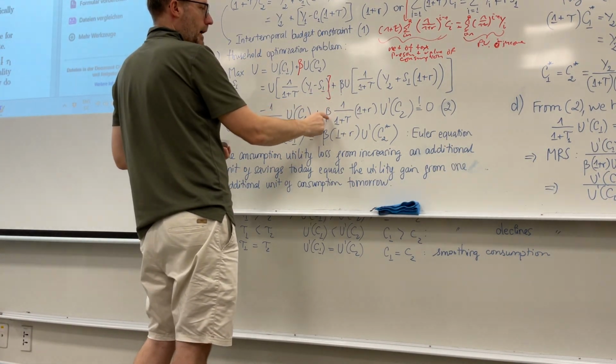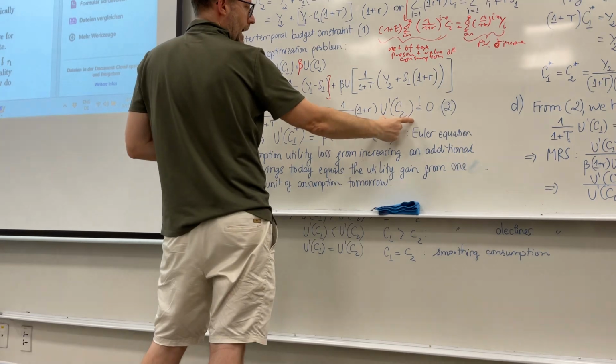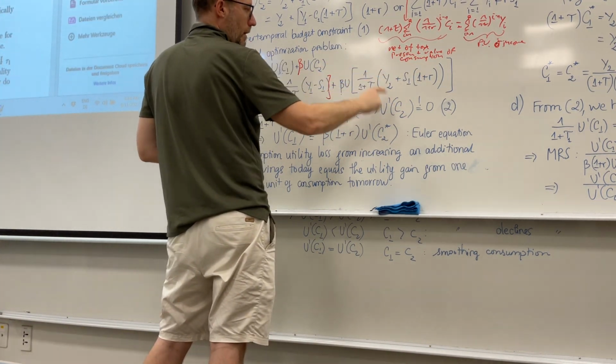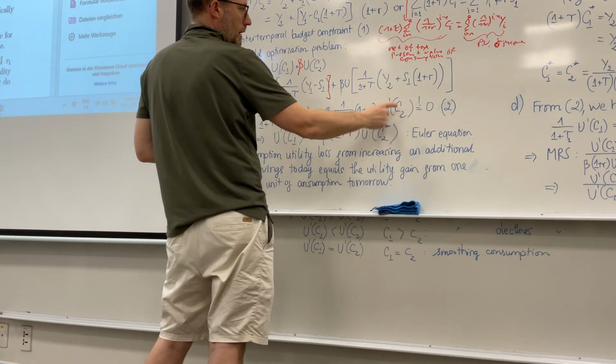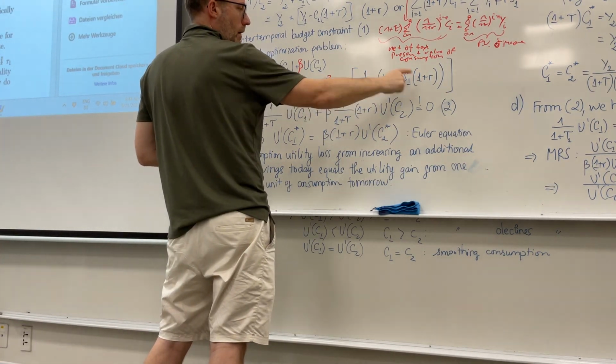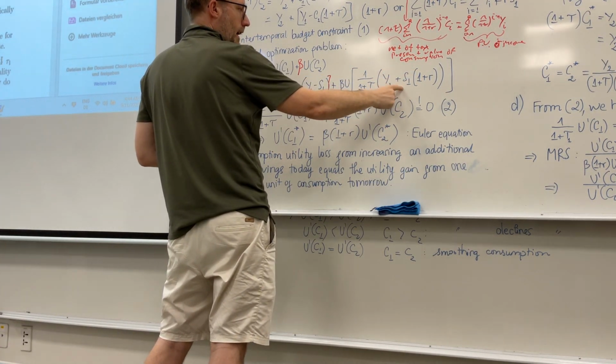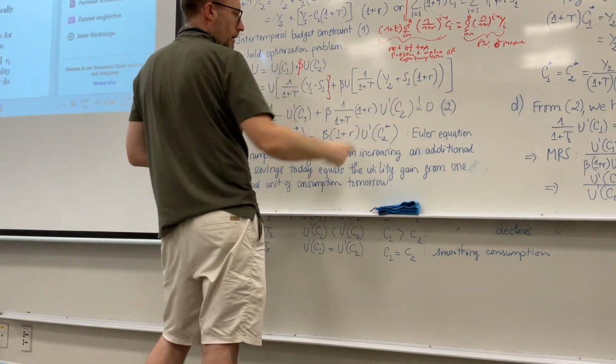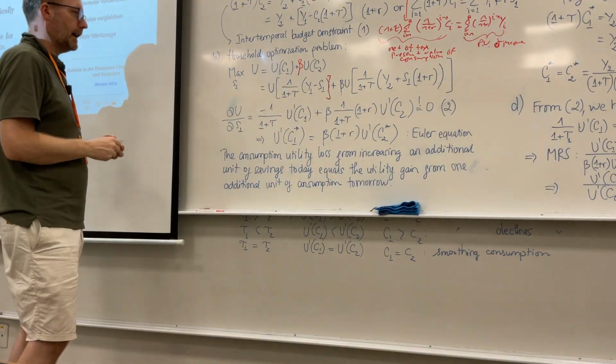The same thing here, beta times the outer derivative, that's the derivative of this whole function with respect to C2, and the inner derivative is the derivative of C2 with respect to S1, and that's 1 over (1 plus tau) times (1 plus r). And you set that equal to 0.